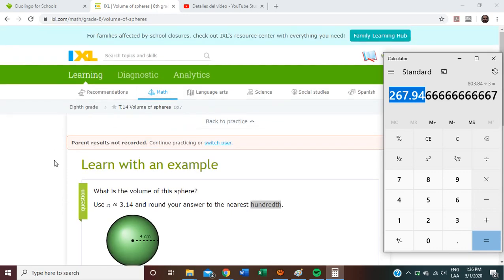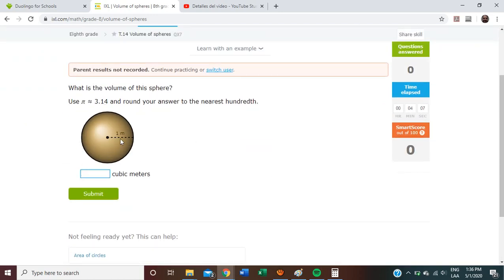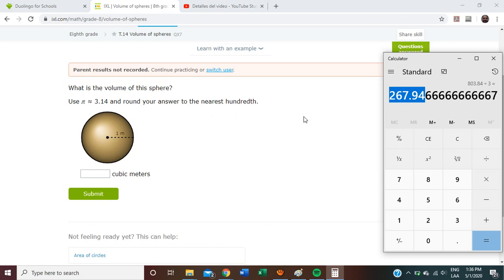Okay, so let's go back to our first problem. It's going to be really easy because the radius is 1. So we multiply 1 times 1 times 1, or you can just skip that part, because the cubed radius in this case is 1, and then we multiply this times 3.14, which equals 3.14, and then we multiply this times 4, and then we divide it by 3.